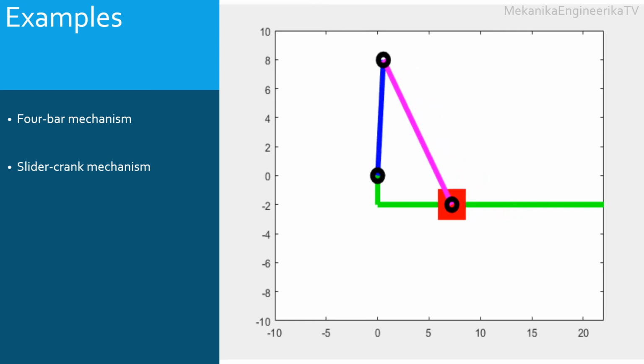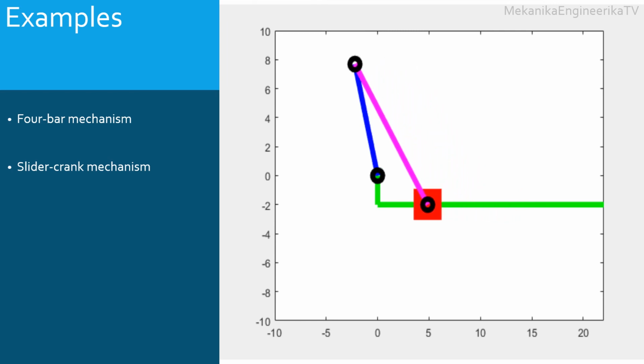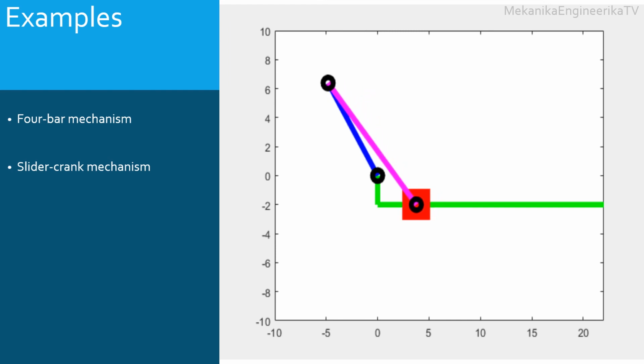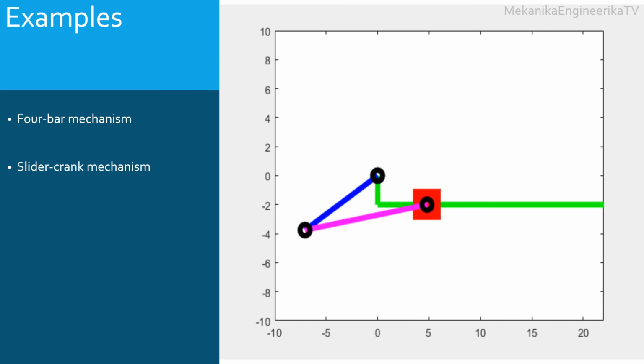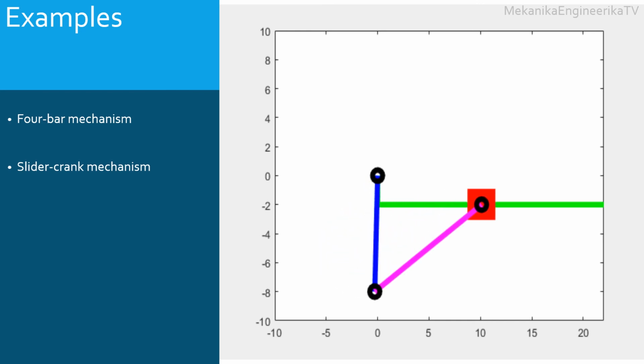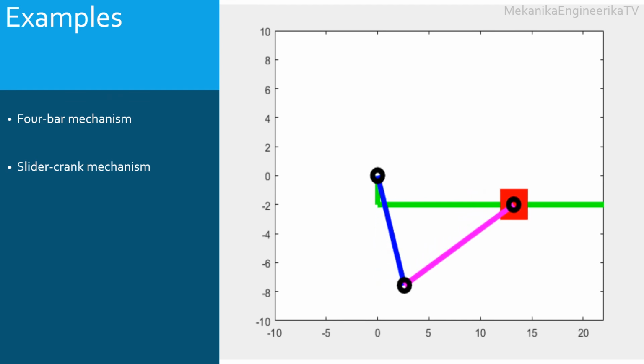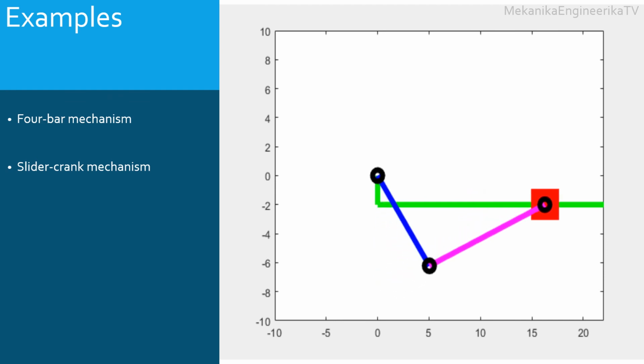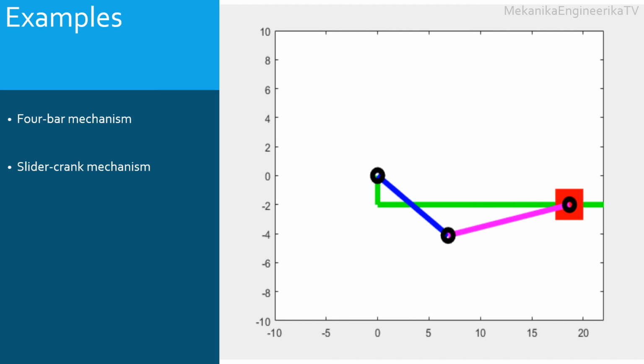The crank, blue bar, rotates relatively to the reference link. The input can be the crank, in that case the output is the slider. The input can also be the slider, thus, the output is the crank. The slider crank mechanism converts a rotational motion to a reciprocal motion or vice versa.